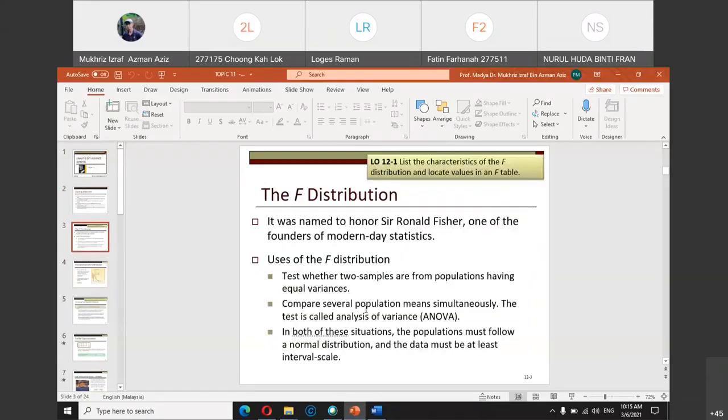So for today, the goal is to introduce to you the F distribution, which will be used to calculate the critical value and the calculated F value. So far, what you have done is calculate the Z value and the T value using the formula that you learned previously, X bar minus mu divided by standard error.